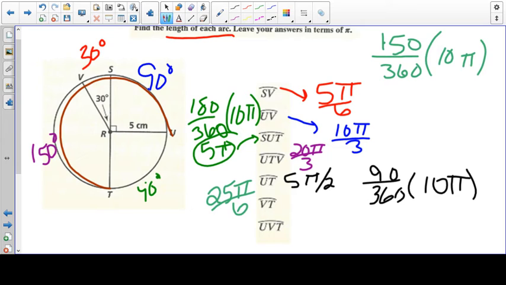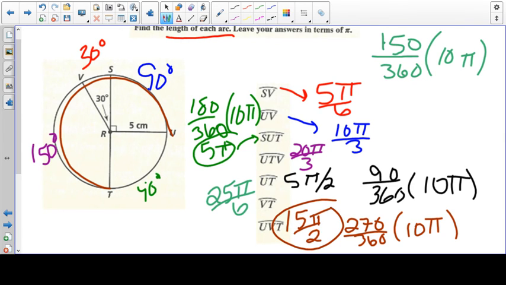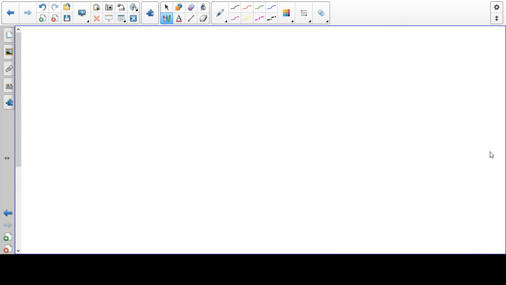So that is going to be 90 plus 30 plus 150, which gives me 270. So that is 270 over 360 times 10 pi. Again, gives me a decimal, so I have to change it into a fraction. So I get 15 pi over 2. All right. Enjoy your homework.